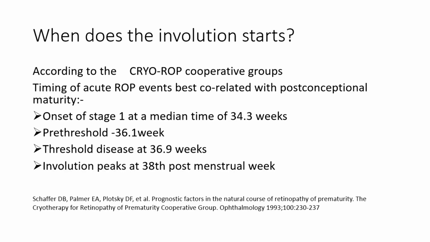So you might not see ROP, but you might just see an immature retina when you first go for screening. They usually call you after a month if the child's gestation is beyond 34 weeks. If it is 34 weeks, then you should go and see, because that's when you first expect stage 1 ROP to start.